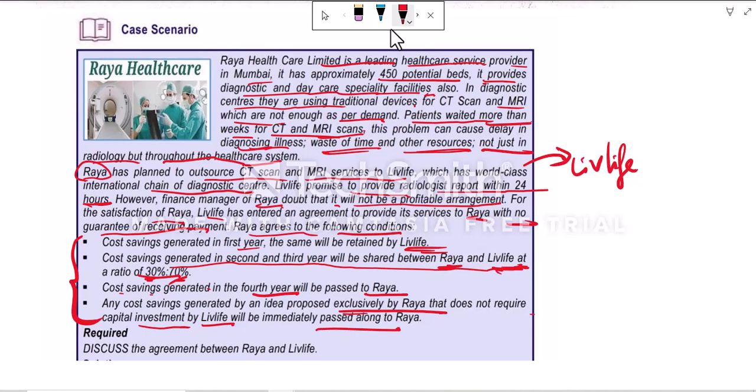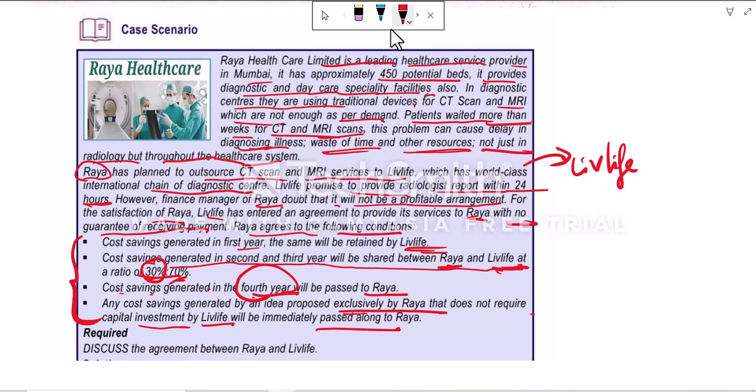So Raya is getting 30% in the second and third years, and the fourth year completely to Raya only, and any other thing that is completely the idea of Raya will be paid to Raya only.